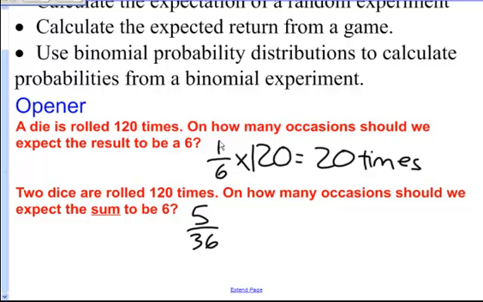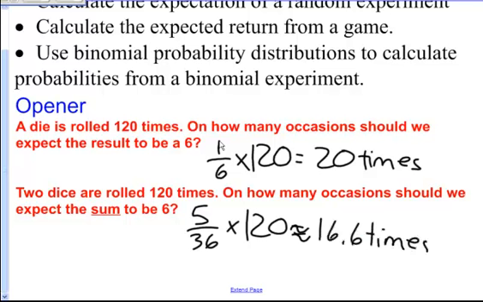So if we have 5 over 36 multiplied by 120 times, we'll get about 16.6 times we should get the sum to be 6. So a little bit more than halfway between 16 and 17. So almost 17 times we should get 6 as our sum.